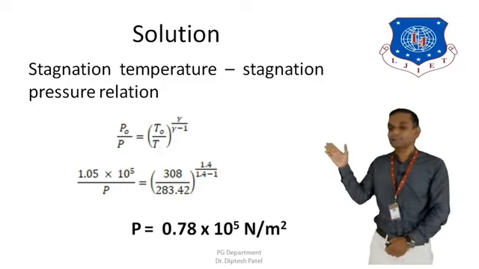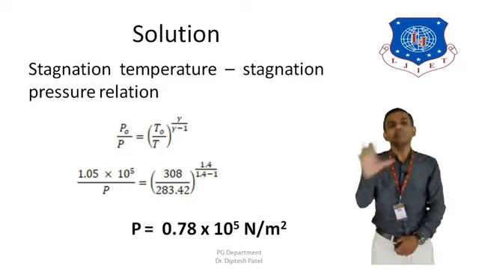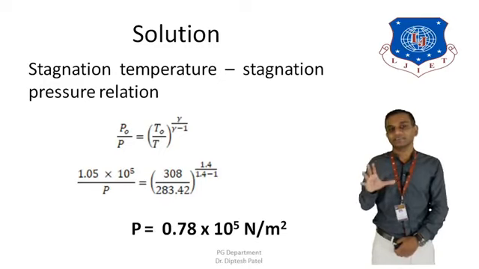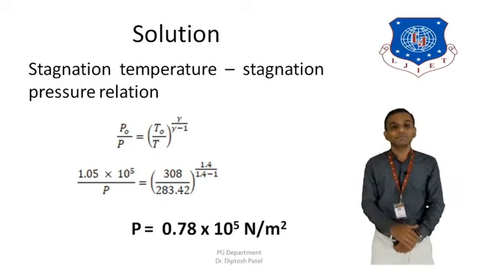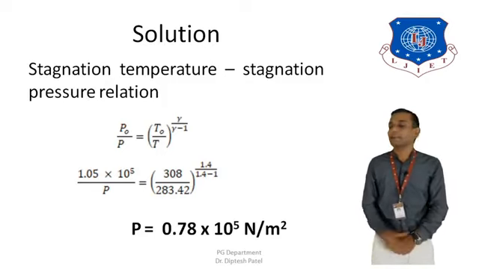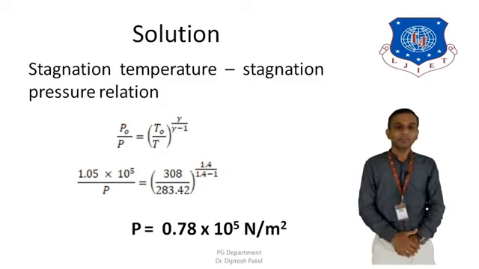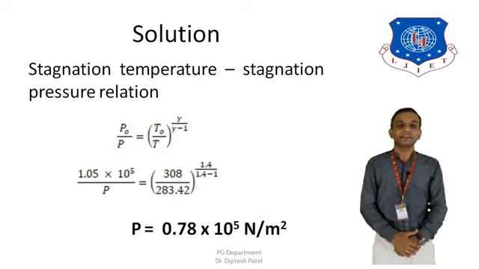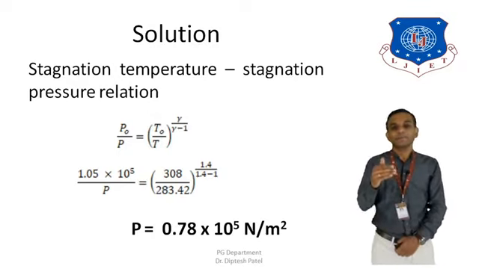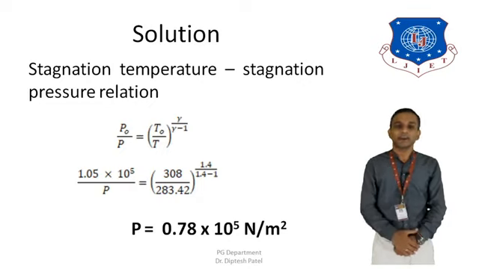After putting the values for all the terms, we can calculate the capital P, or the pressure at static conditions. We have P0, which is given as 1.05 into 10 raised to 5, divided by capital P, equal to T0, which is also given as 308, divided by the capital T we just calculated, 283.42, raised to 1.4 divided by 1.4 minus 1.